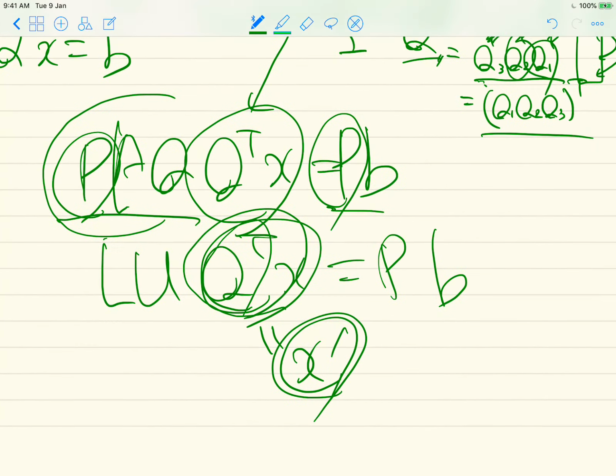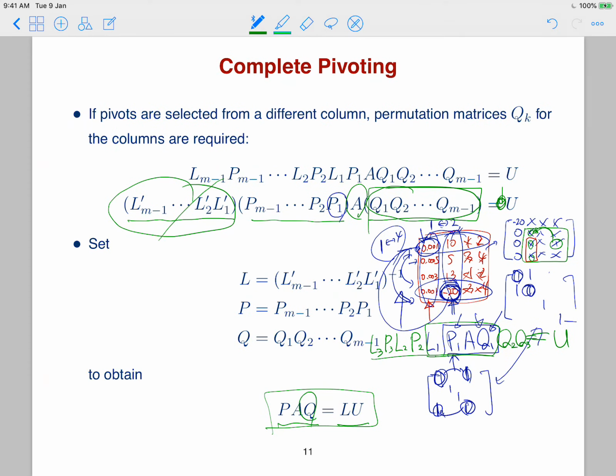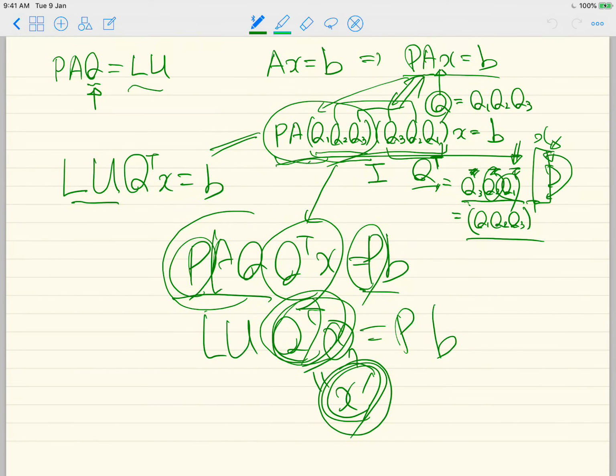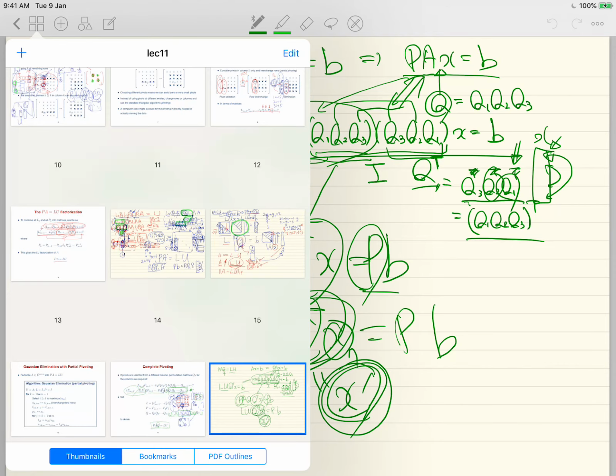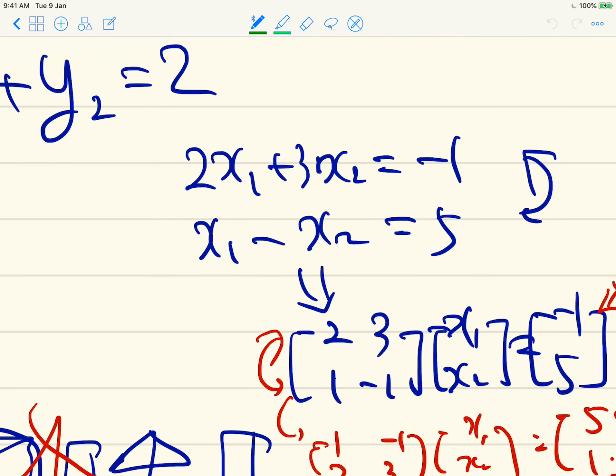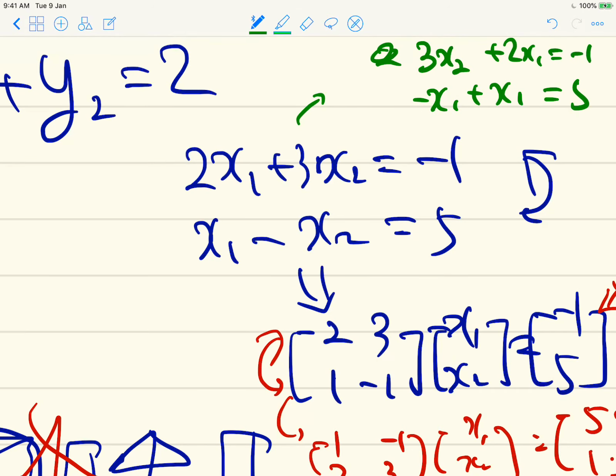So the point is, once obtaining x prime, and then changing their orders, we recover the original variable x. Intuitively, that process is just like, where is the equation that I just wrote? Yeah, it's like changing it into this form: 2x2 and 3x1 is equal to -1, and negative x1 plus x1 is equal to 5.